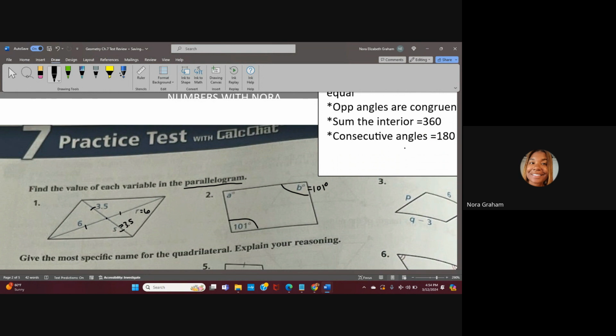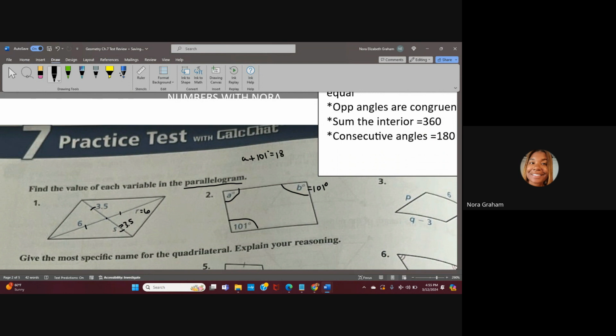Consecutive angles are supplementary or equal to 180. Consecutive angles are ones that touch, like, are one after another, right? So I could set this up like A plus B, which B is 101. So I'll use substitution to put that there. I'll put degrees. Equals 180 because they're supplementary.